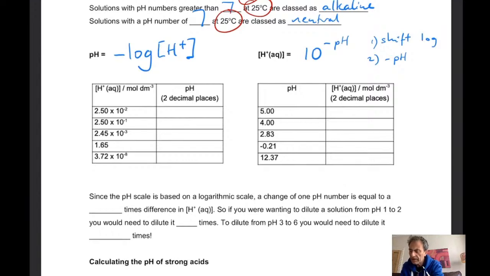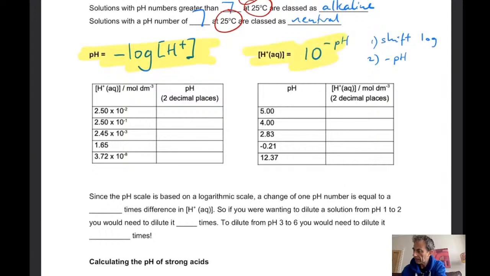So the definition of pH is minus log of the hydrogen ion concentration. If you're asked to define pH, you literally write that formula down. These won't be given on a data sheet, I'm afraid. You've just got to learn them. And if you're given the pH and you want to calculate the hydrogen ion concentration, it's 10 to the minus pH.